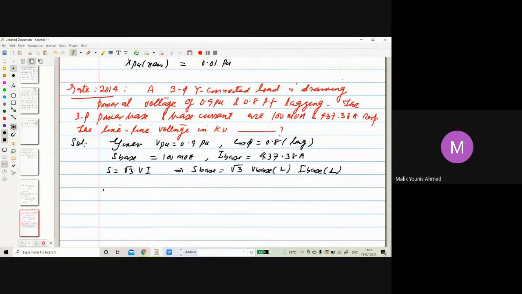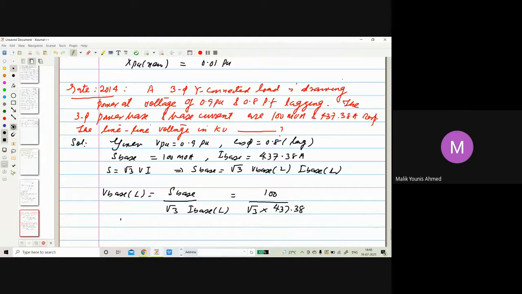We do not know the base value of the voltage, and that is our aim, to find it first. So V base is S base divided by root 3 I base, which is 100 MVA divided by root 3 times 437.38.